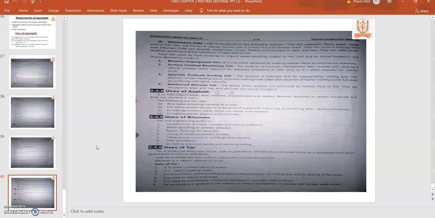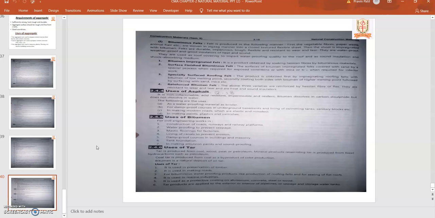So asphalt can generally be utilized in making paints, plastic varnishes, waterproofing agents, damp proofing materials, and in construction of modern roads which are elastic and noiseless.